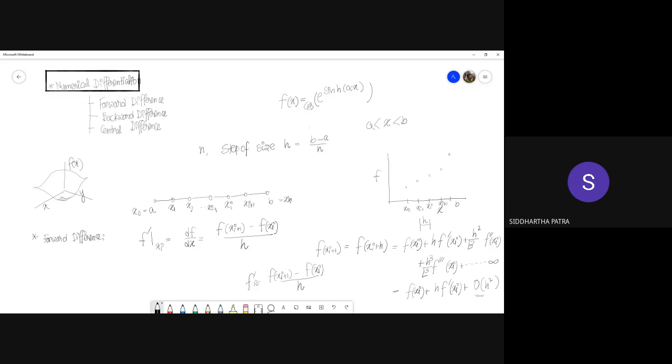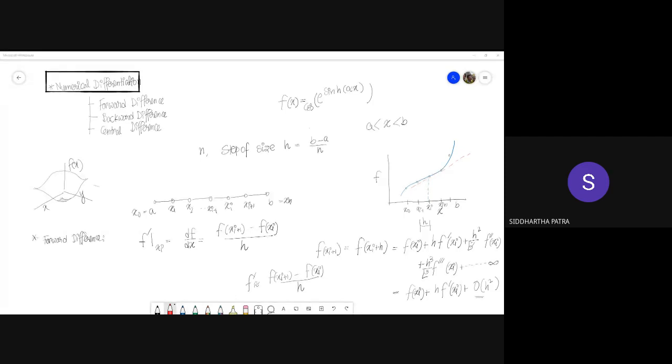You can imagine the actual curve may be something like this, and you are at xi, and you are actually interested in this tangent right here. Looks like I chose a wrong example.